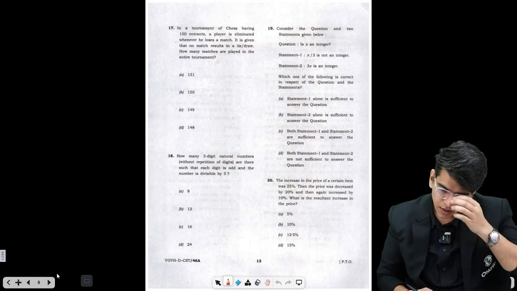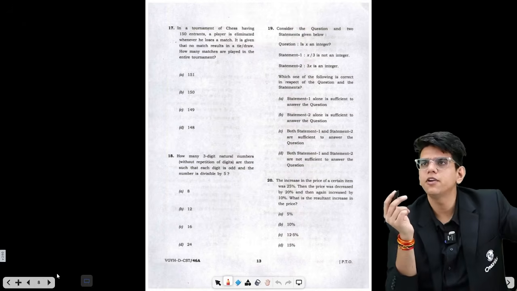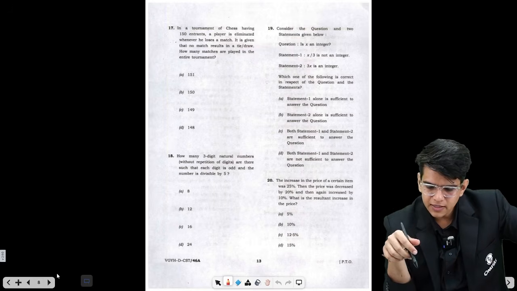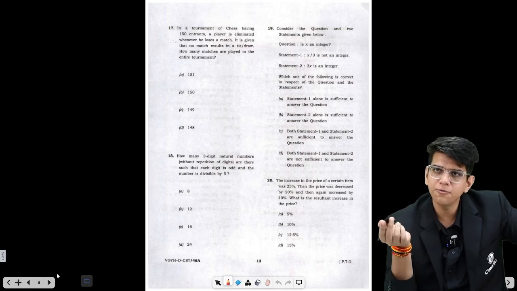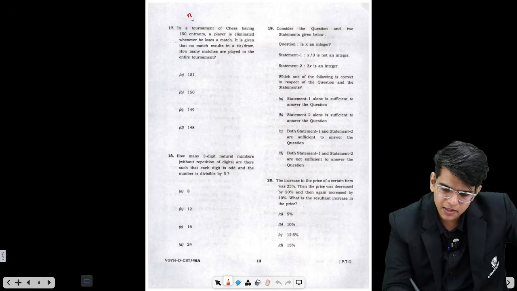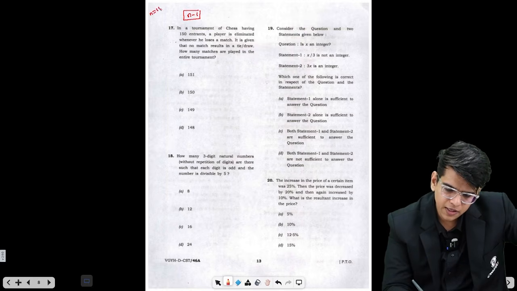Okay. In a tournament of chess having 150 entries, a player is eliminated when he loses a match. It is given that no result in a tie or draw. How many matches are played in the tournament? So basically the formula for this is nothing but n minus 1, where n is the number of initial teams.